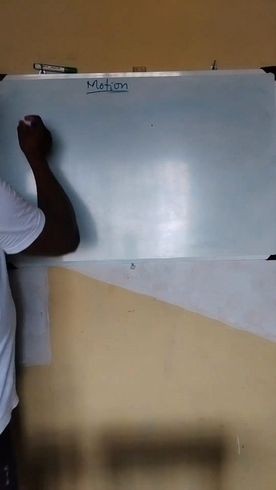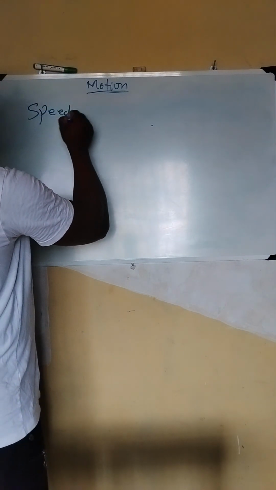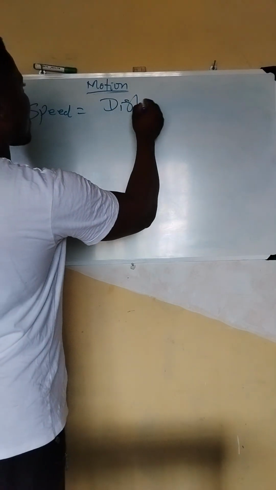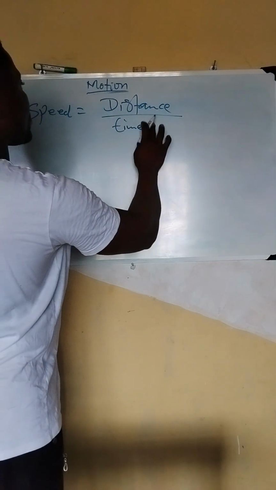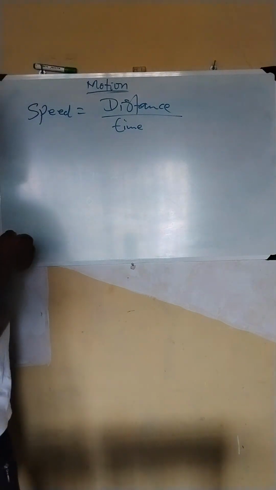That gives you the speed. So speed is equal to distance all over time.